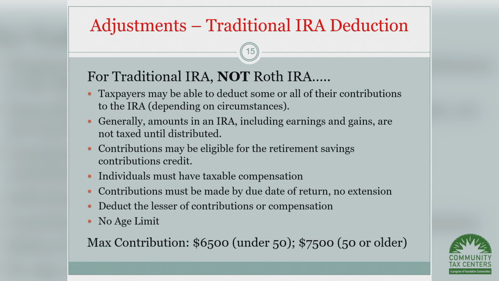I do have a question. Yes. You said you get taxed on distribution. Is there a certain amount of time that you have to make that wage, whenever you retire?